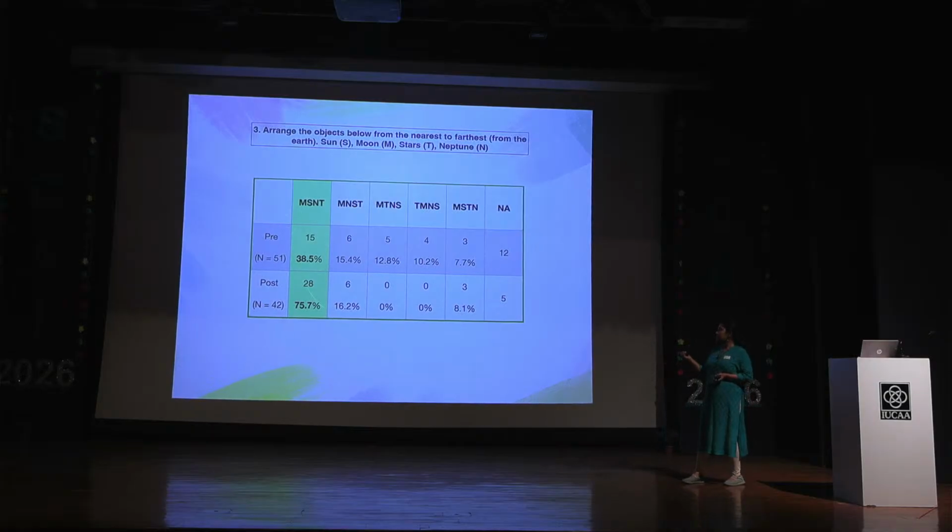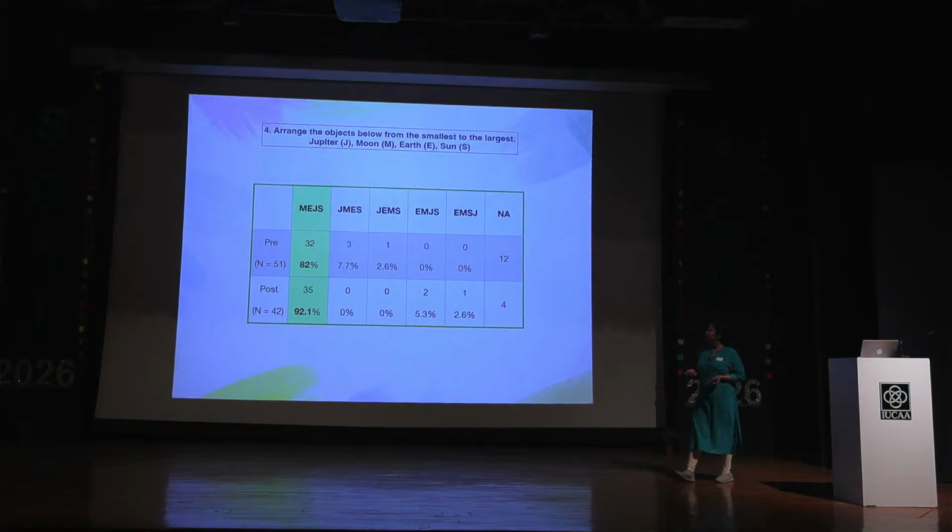This was answered correctly by only 38% of teachers before, and it rises to 76% afterwards. Sizes from smallest to largest: Jupiter, Moon, Earth and Sun. 82% of people know it, and afterwards 92% answer it well. This is pretty good.